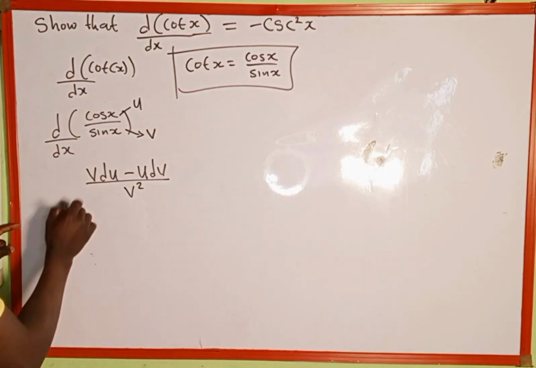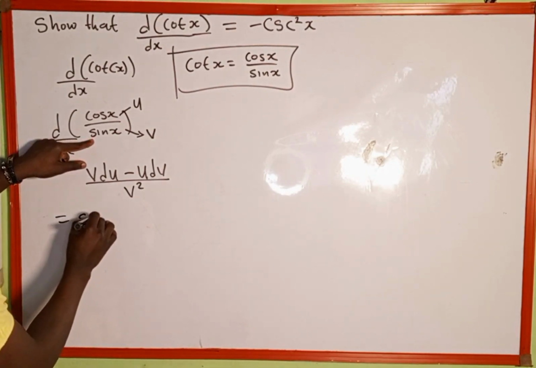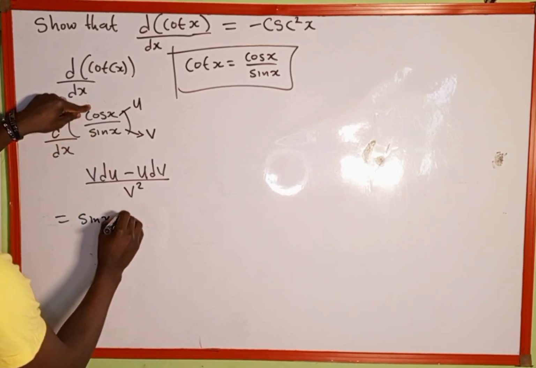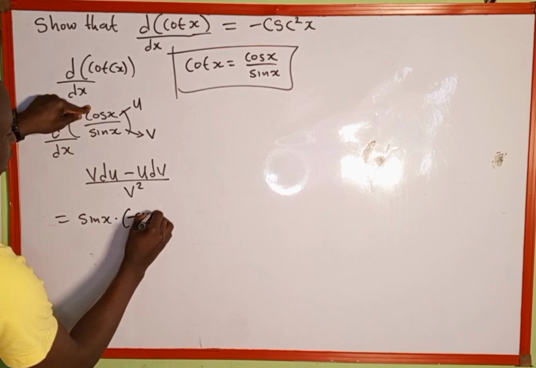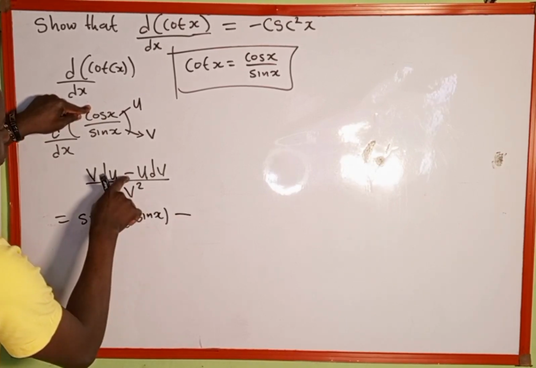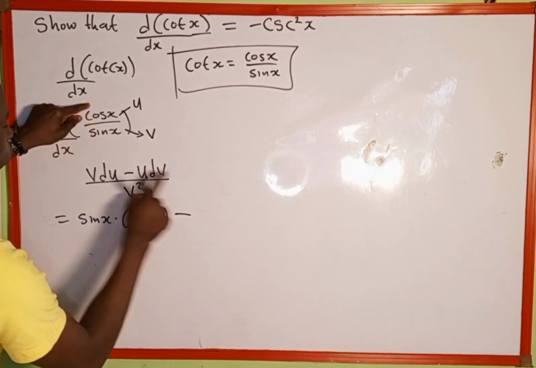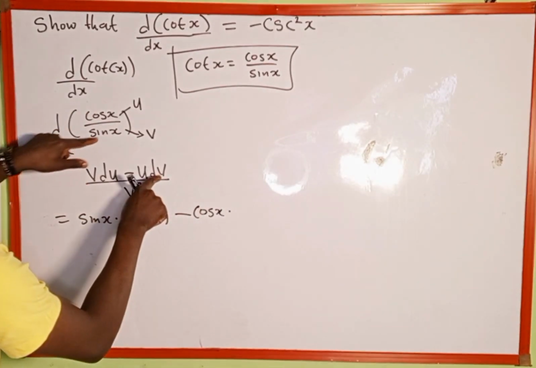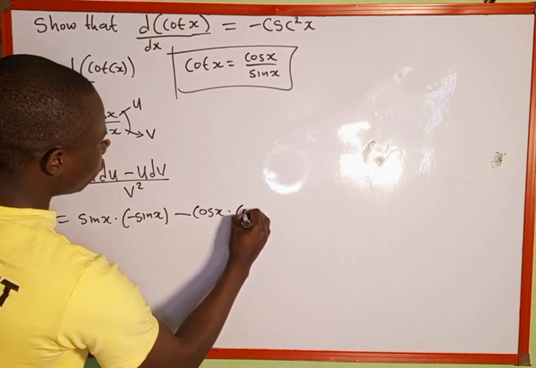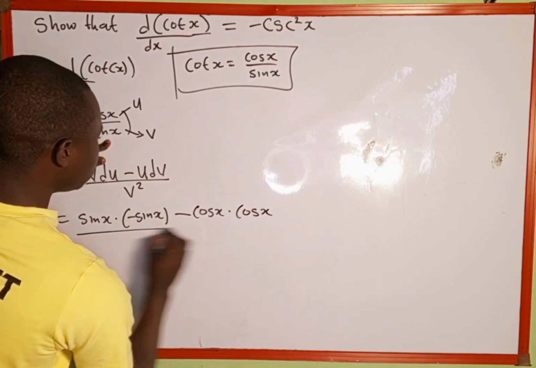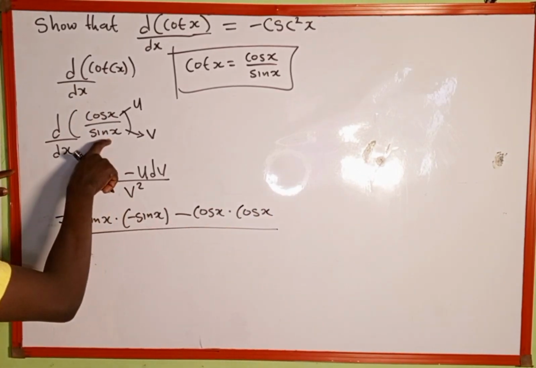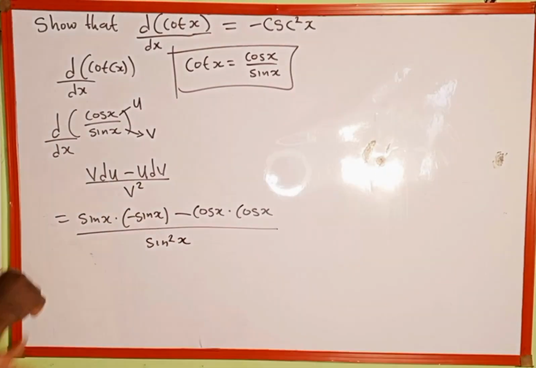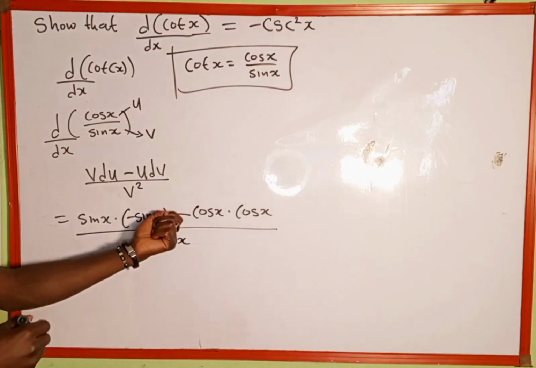So this is going to be equal to v, where we let v be sine x, multiplied by the derivative of u, and the derivative of cos x is going to give us negative sine x, minus u, which is cosine x, multiplied by the derivative of v, and the derivative of sine x is going to give us cos x, then everything all over v square. v is sine x, so v square is sine square x.